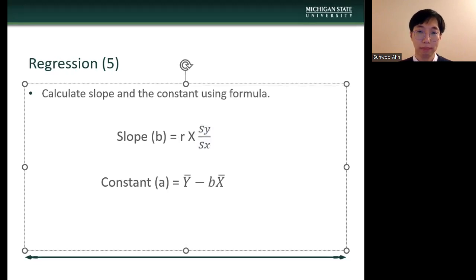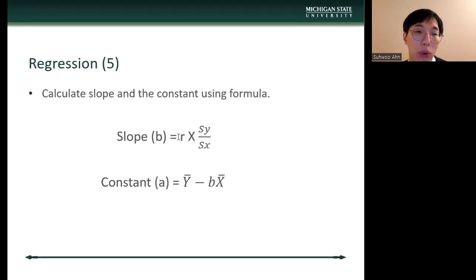R is the correlation, Sy is the standard deviation of y, Sx is the standard deviation of x. So correlation times standard deviation of y divided by the standard deviation of x.